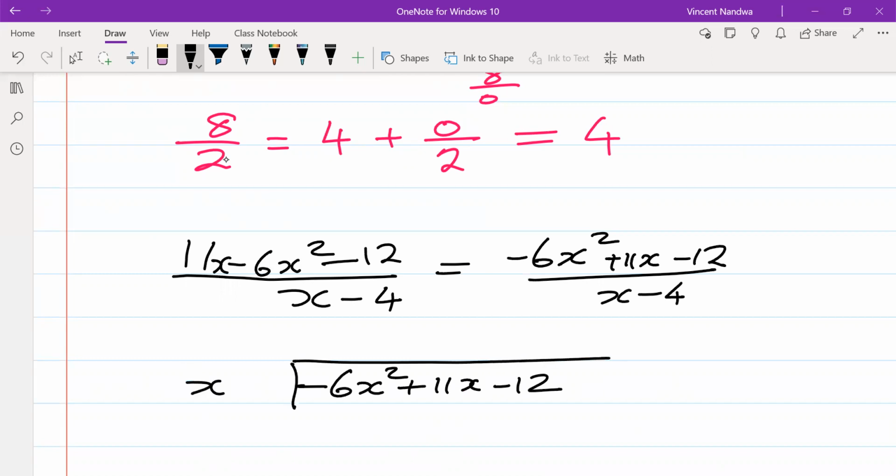And then you put the divisor outside, just the same way we deal with 7 divided by 2. You write 7 inside that sign and then 2 outside. Then you ask yourself, what should I multiply by this? The leading powers in x are what determines the process. So what should you multiply by this x to get minus 6x squared?